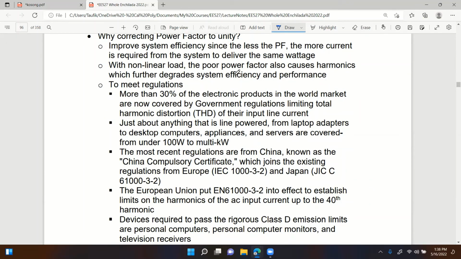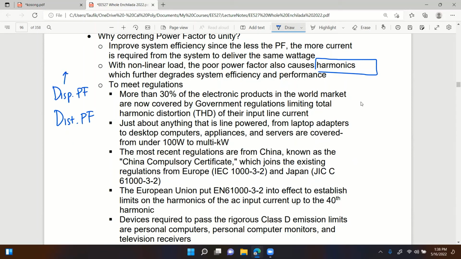Another benefit would be harmonics. In EE427, we talked about the effect of power factor on harmonics. We have what we call distortion power factor versus displacement power factor.